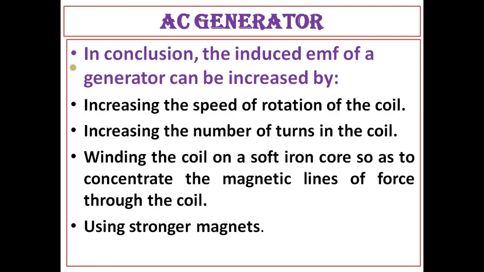The ways are: increasing the speed of rotation of the coil, increasing the number of turns in the coil, winding the coil on a soft iron core so as to concentrate the magnetic lines of force through the coil, and using stronger magnets. So these are the ways by which we can increase the induced EMF.